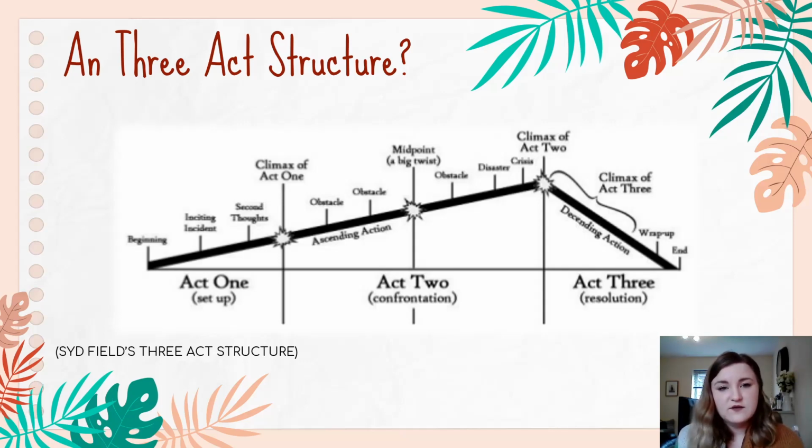So our first act, what Syd Field here in this modified Freytag's linear structure calls the setup, would be scenes 1, 2, 3, the poker night, which would be really our inciting incident, and scene 4.